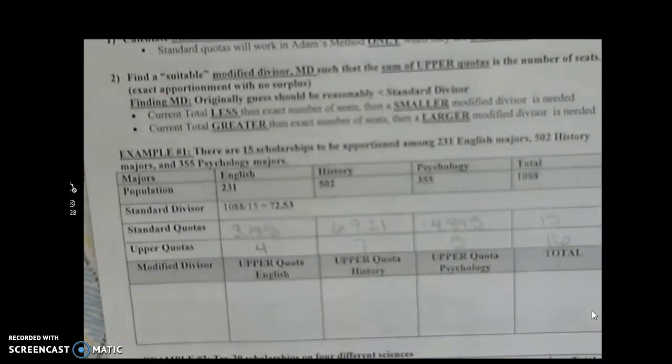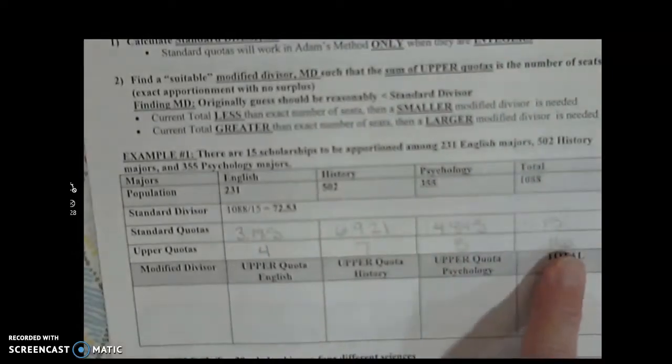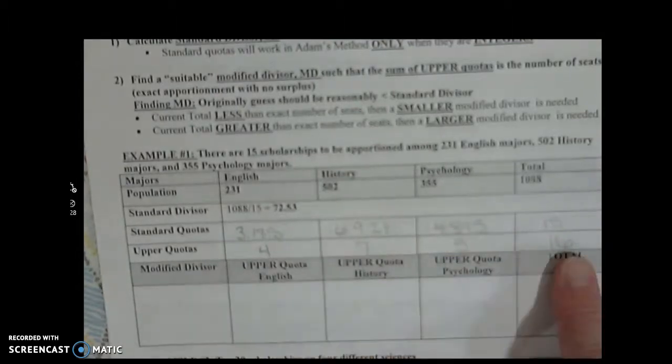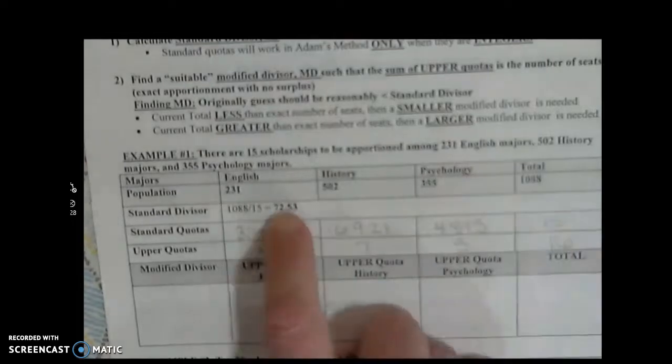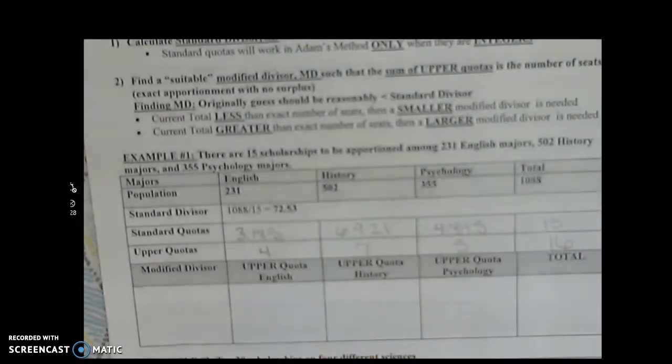All right. So if you think about it, what did we do in the last one? Because we were lower, we needed to up our quotas, so we lowered the standard divisor.